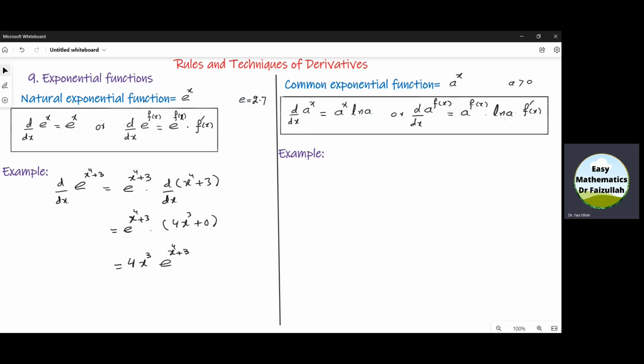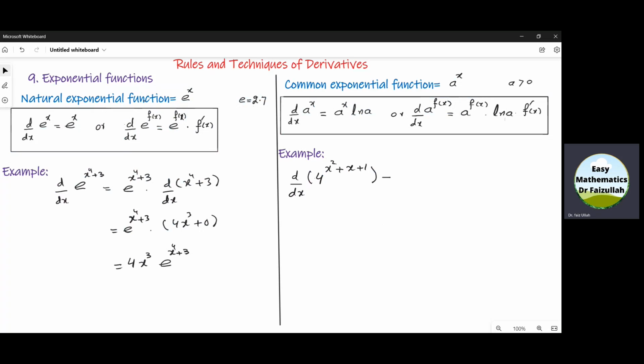Let us explain it by an example. So we have 4 power x square plus x plus 1. Let us differentiate this function.